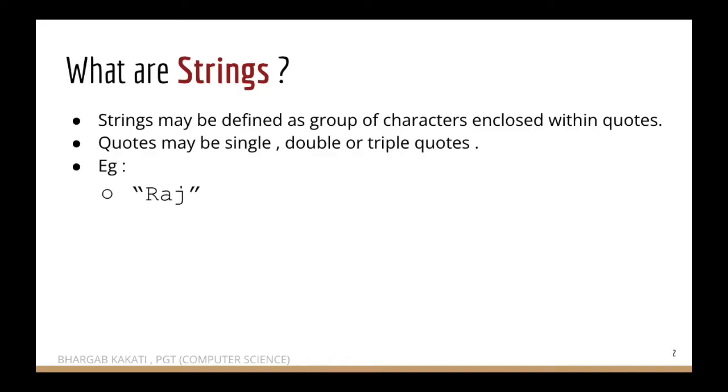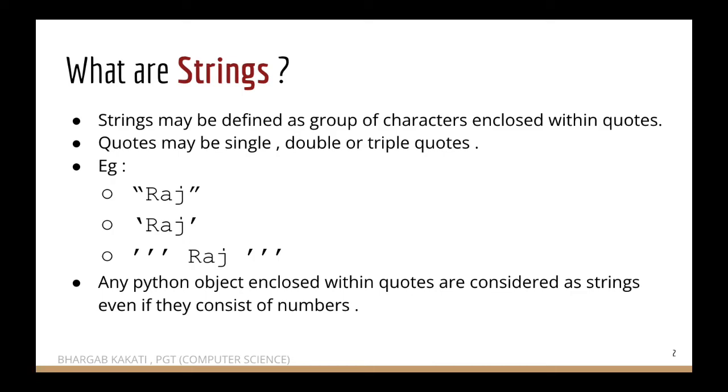Alright. For example, if I use the name Raj, if it is enclosed within double quotes, it will be termed as a string. If Raj is enclosed within single quotes, then also it will be termed as a string. Also, if it is enclosed within triple quotes, then also it will be termed as a string itself. Also, any Python object enclosed within quotes is considered a string even if it consists of numbers.